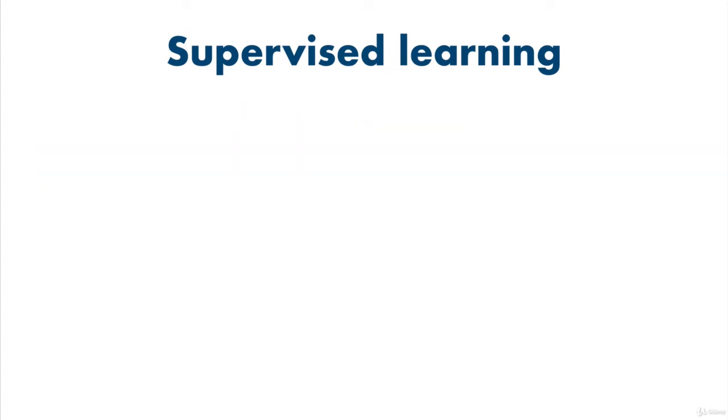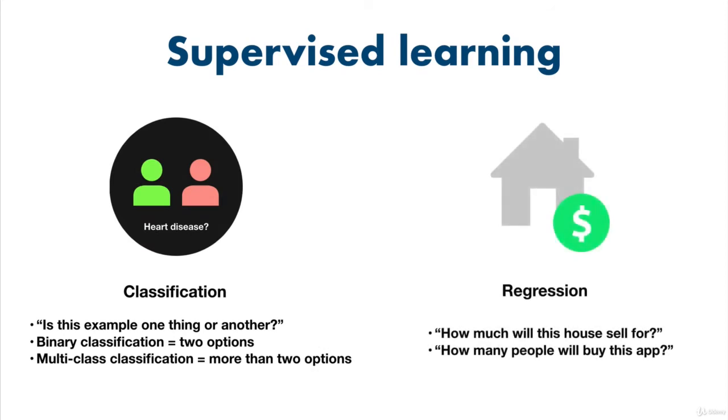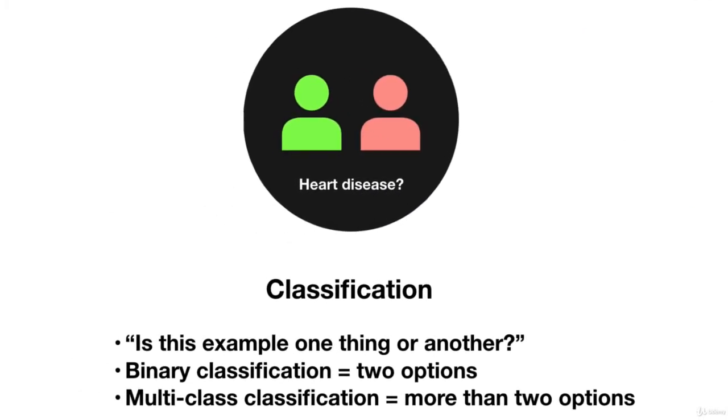The main types of supervised learning problems are classification and regression. Classification involves predicting if something is one thing or another, such as if you wanted to predict whether or not a patient had heart disease or not based on their medical records, or what type of dog breed was in an image. If there are only two options, it's called binary classification.